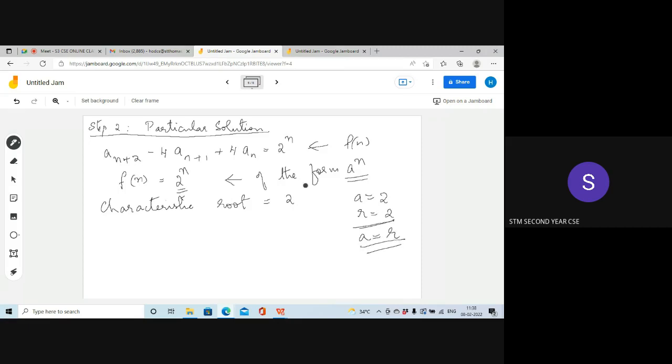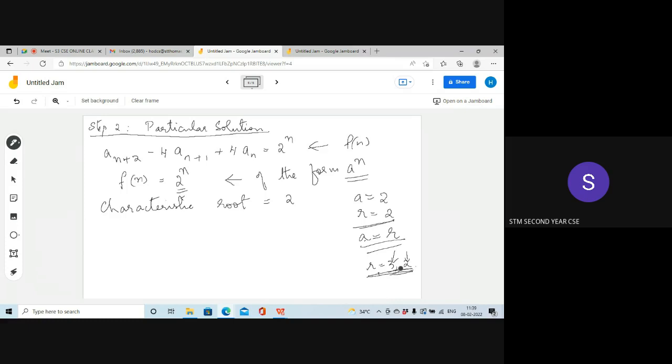Suppose you have two roots. Here we have got only a single root, but suppose the roots were r is equal to 3 and r is equal to 2. If any one root matches with a, we have to use this formula, the same formula.